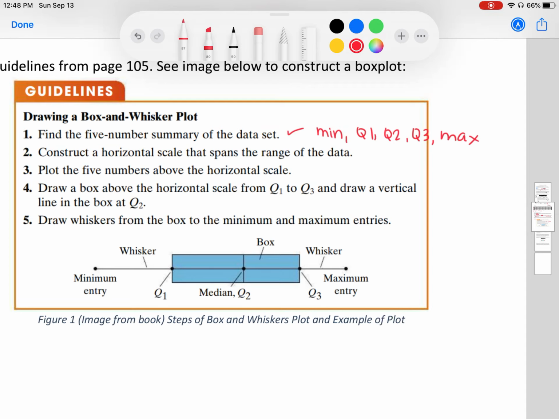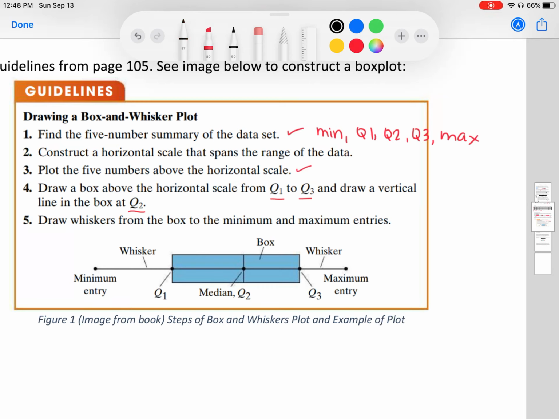You want to plot your 5 numbers on a horizontal scale, and then draw a box above the horizontal line, label your Q1 and Q3, and draw a vertical line on the box at Q2. Draw the whiskers from the box to the minimum and maximum values.